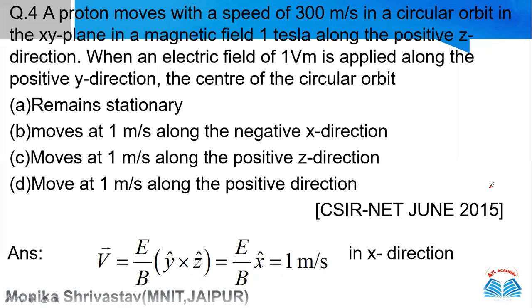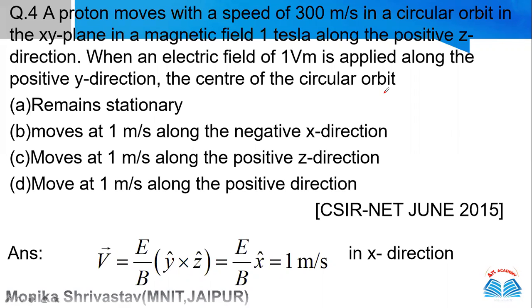When an electric field of 1 volt per meter is applied along the positive Y direction, we have to tell how the proton moves in the orbit. If we apply a magnetic field of 1 Tesla, the proton starts to move in a circular path. The velocity of that proton is 300 meter per second.